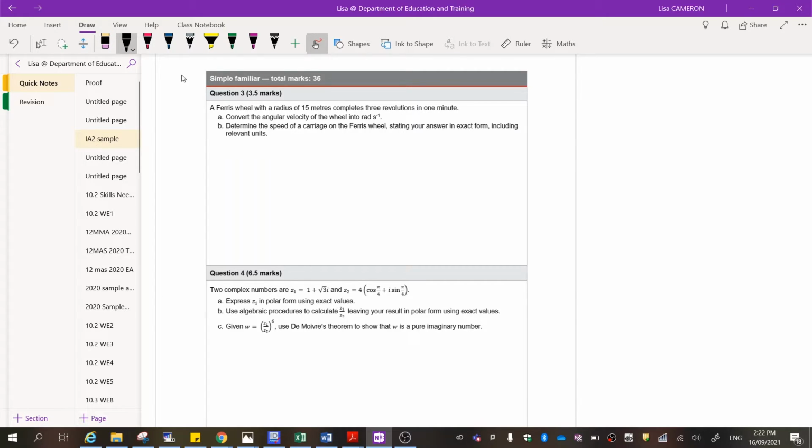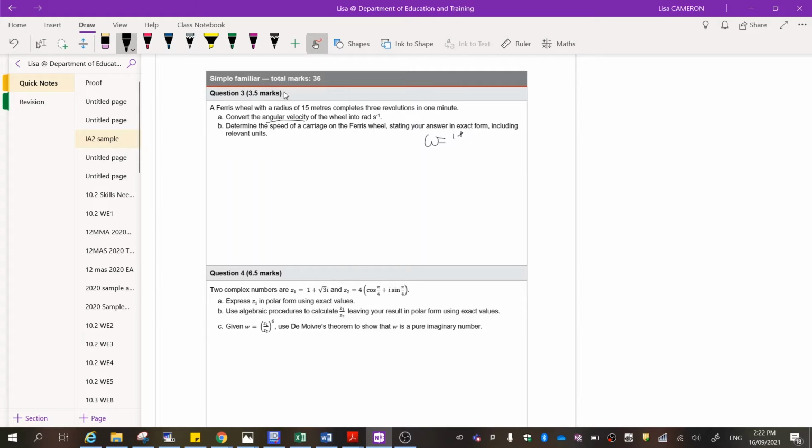Okay, next. So, determine the speed of the carriage on the Ferris wheel, stating your answer in exact form. Okay, well first I'm just going to write down the answer to the last question, which was W, which is angular velocity, because that's what I asked for there. So W is equal to, what was it?